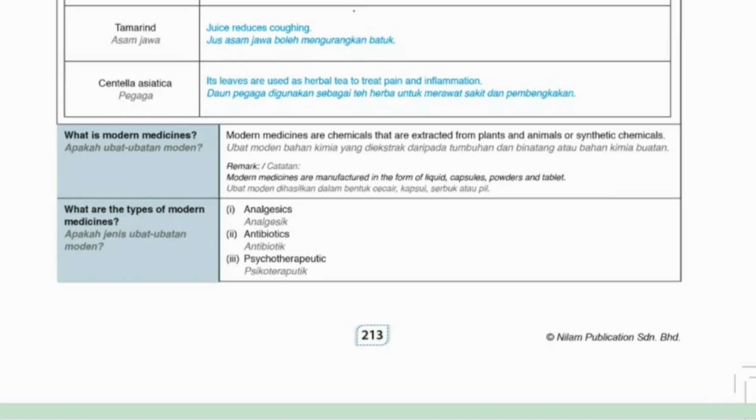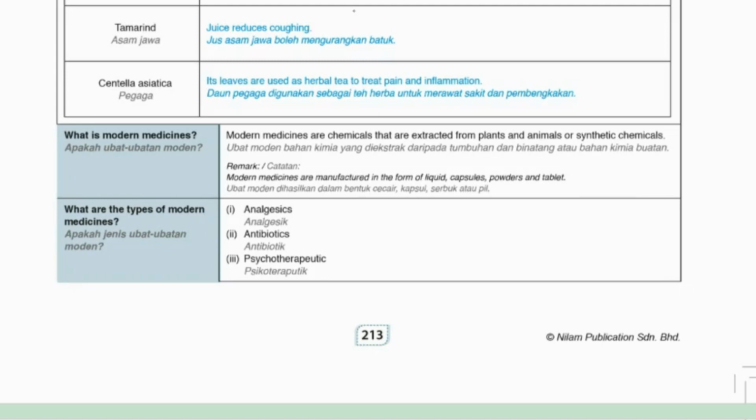Okay. If you can see, normally, for modern medicine, the ingredients are very scientific. All the content is scientifically identified, meaning how many percent is this ingredient, how many percent is that ingredient.